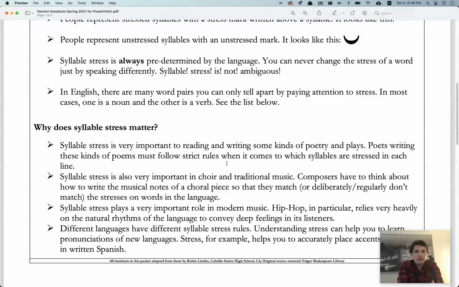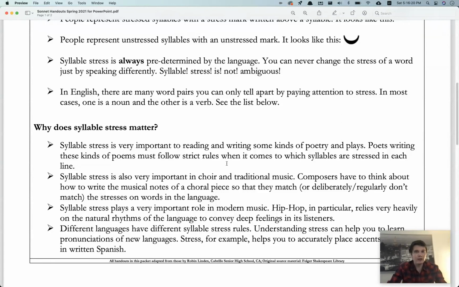in English, there are also a lot of words where you can only tell the difference between the words based on which part of the word is stressed. And so if you stress the wrong part of the word, you're saying a different word. My favorite example is produce, where the syllable stress is on the second syllable. Produce, which is a verb meaning to create things, to manufacture them.